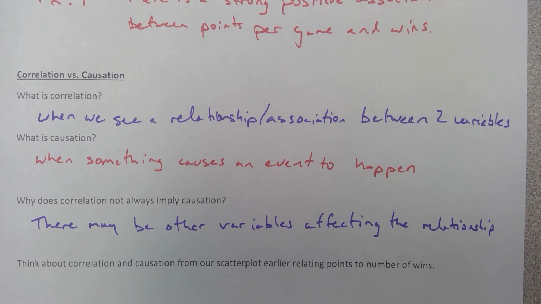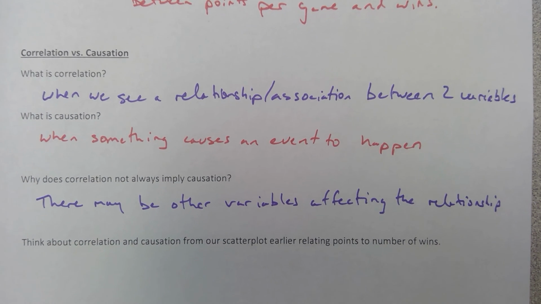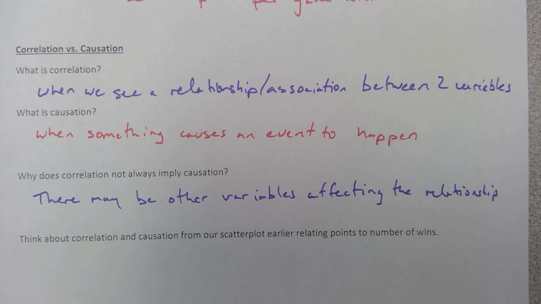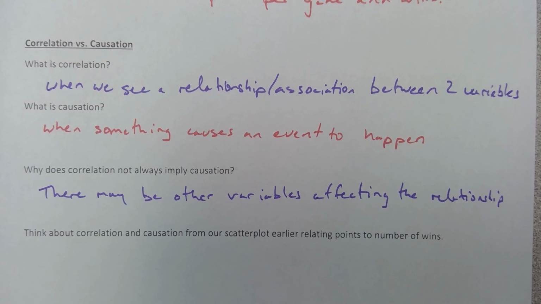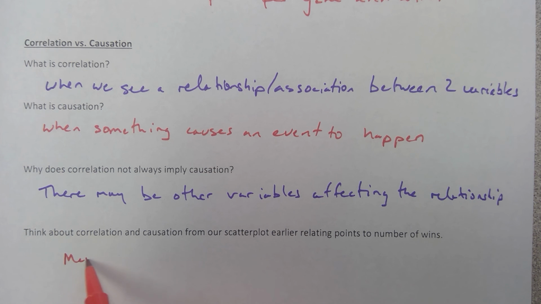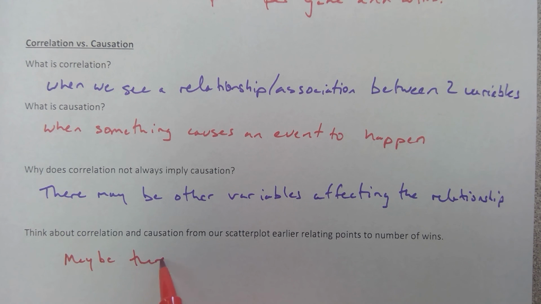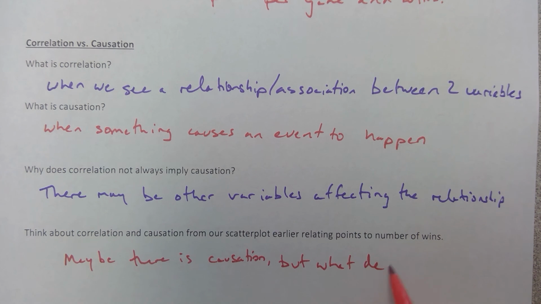Now, if we're thinking about correlation and causation from our scatter plot earlier, relating points to number of wins, I kind of talked about this already. But in football, there's defense. So I'm going to say maybe there is causation. But what about defense?